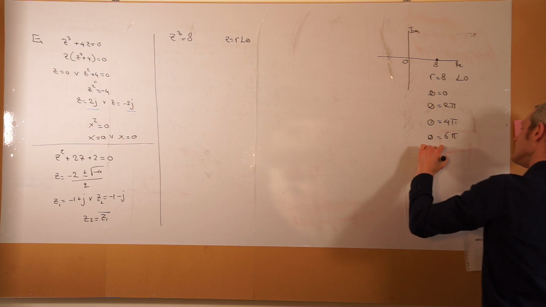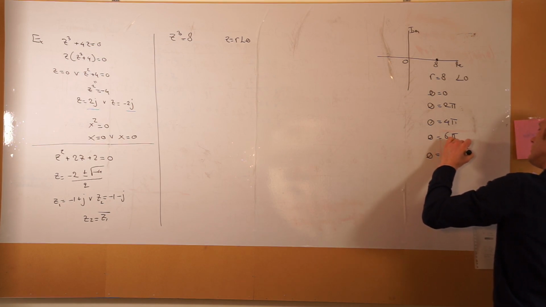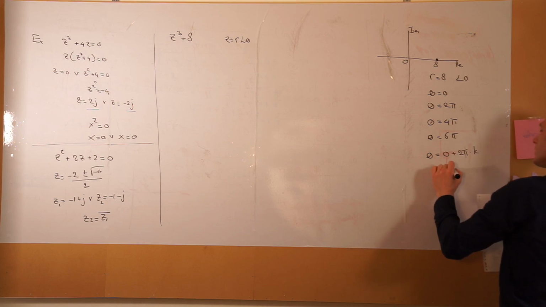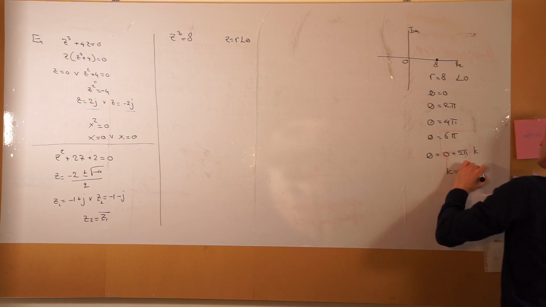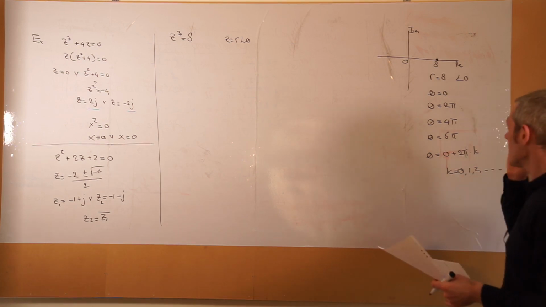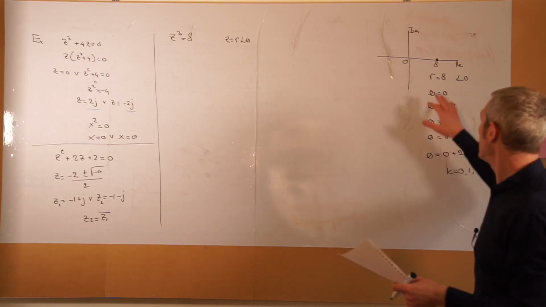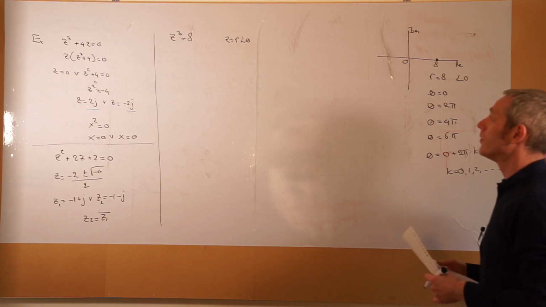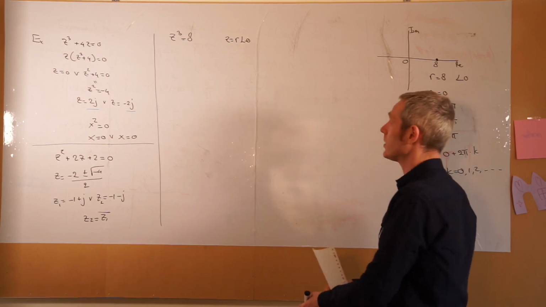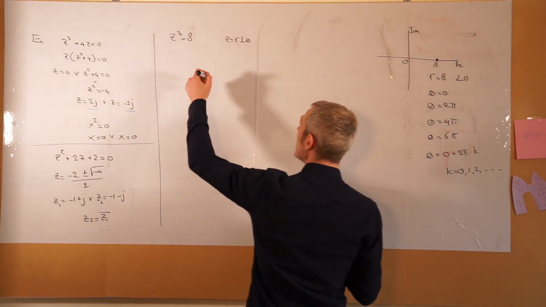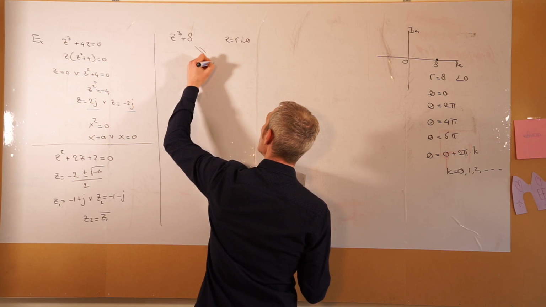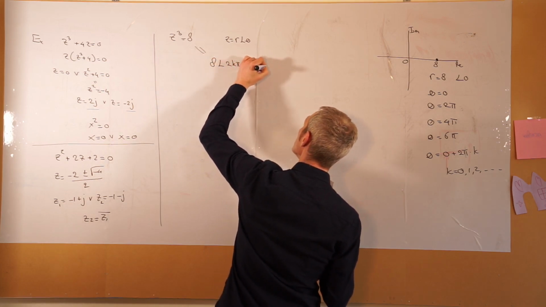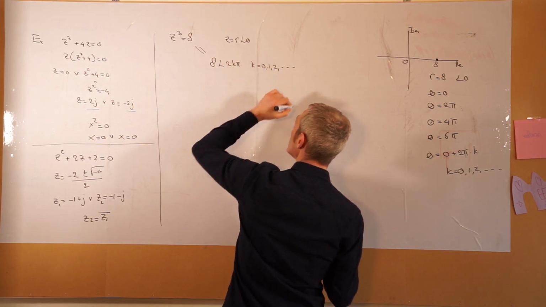Actually, it is 0 plus 2 times pi times some constant k, where k is 0, 1, 2, etc. So the angle is a unique point in the plane, but not a unique value because of the periodicity of the sine and cosine function. So we write 8 as 8 with angle 2k pi, with k equal to 0, 1, 2, etc.